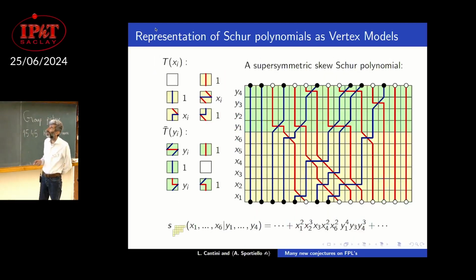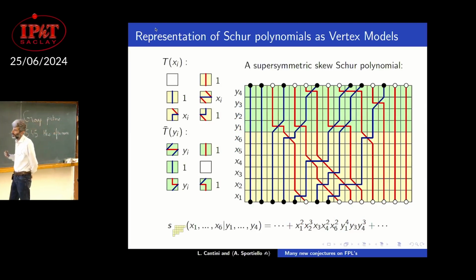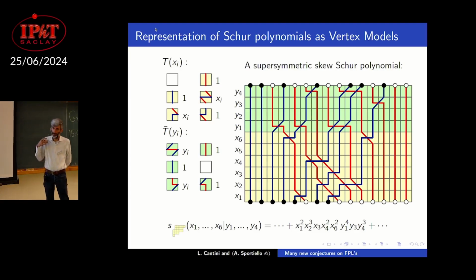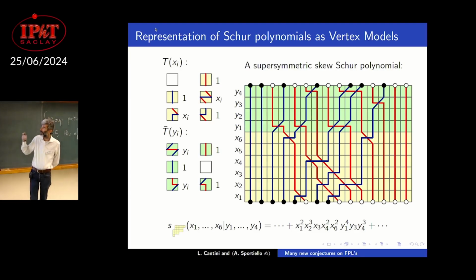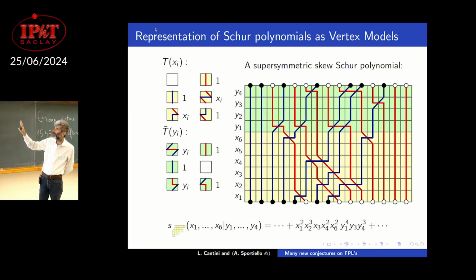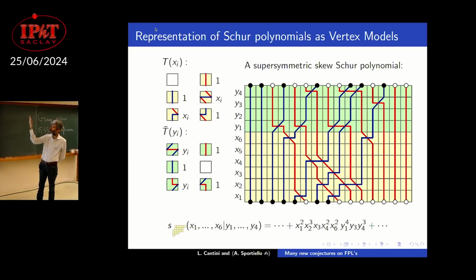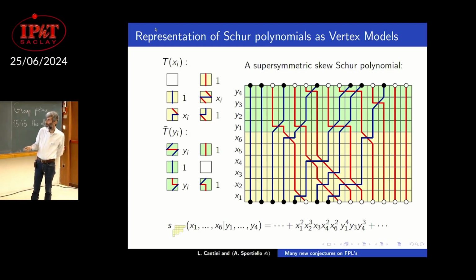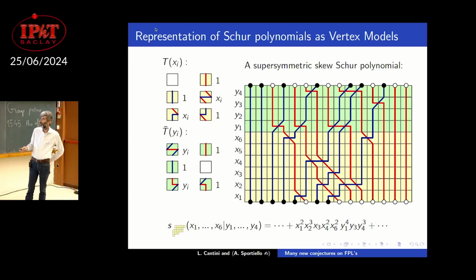So far so good, and the idea is that there is a notion of bar. It's not the same bar as before, the B bar. This is a bar that is intrinsic to the description in terms of paths of these partition functions. The bar of something will always be that you flip this way and exchange blue and green. So T bar will be the matrix obtained by this operation, and this operation passes over to the diagrams.